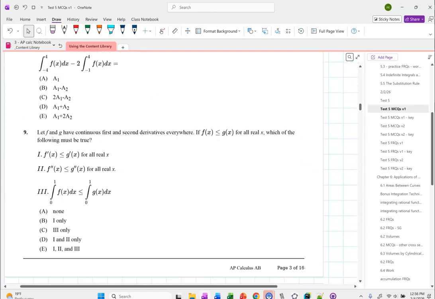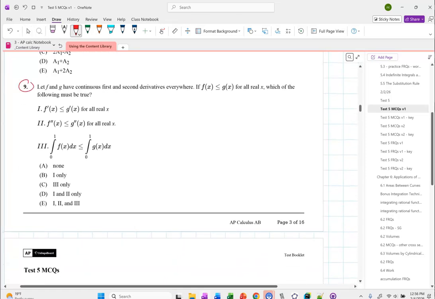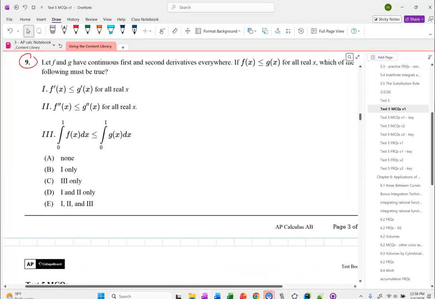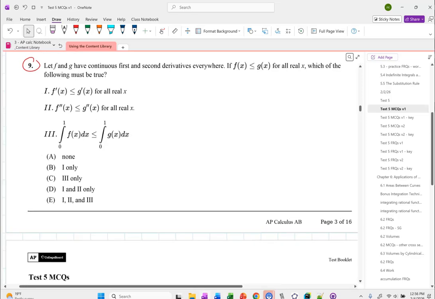Let's see what's another good one here. Do this one. Purely conceptual. No calculation on this one.